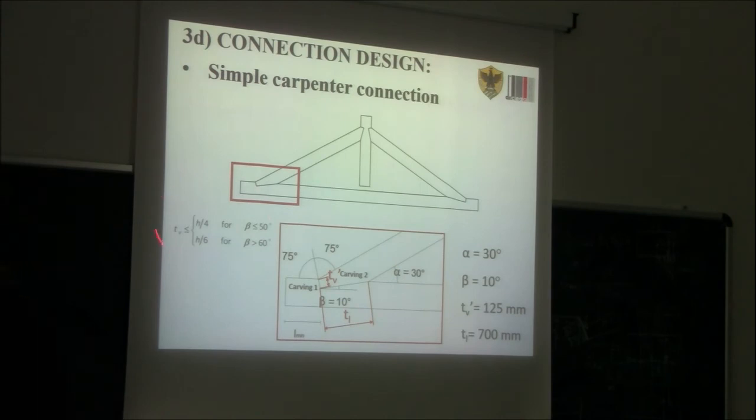We see before some recommendations. TV prime is the inclined length. So TV, the vertical one, which will be TV prime times the cosine of 15 degrees, should not exceed 1/4 of the depth of the rafter, for the alpha angle.